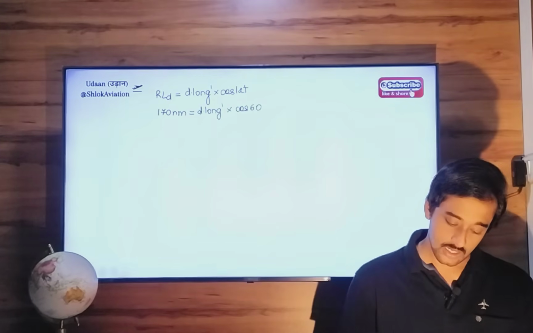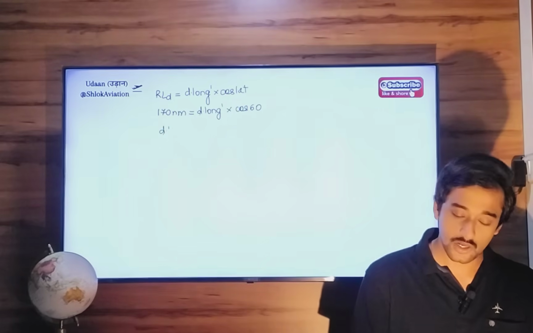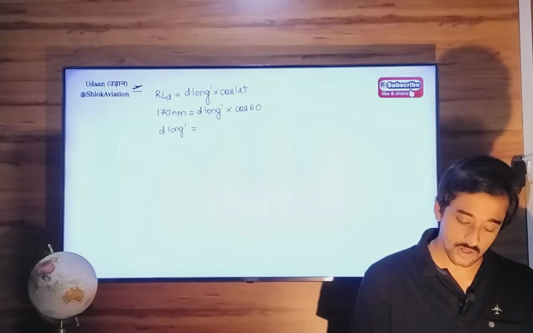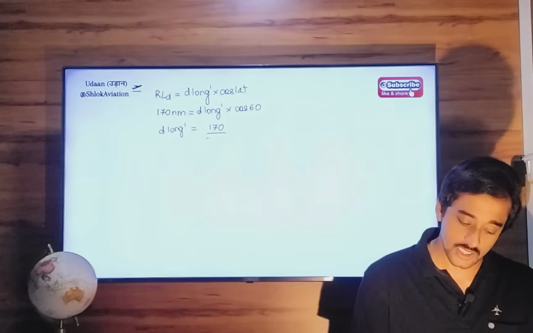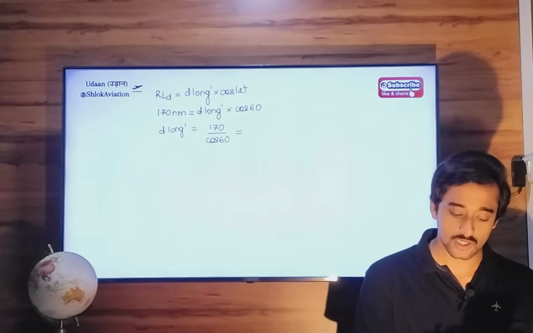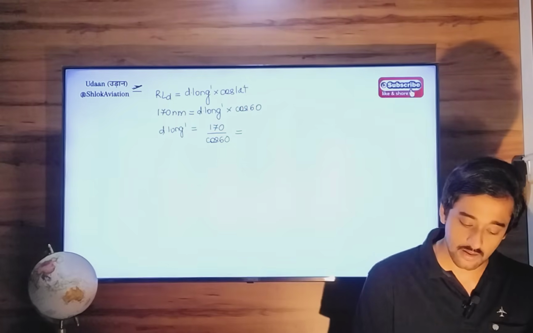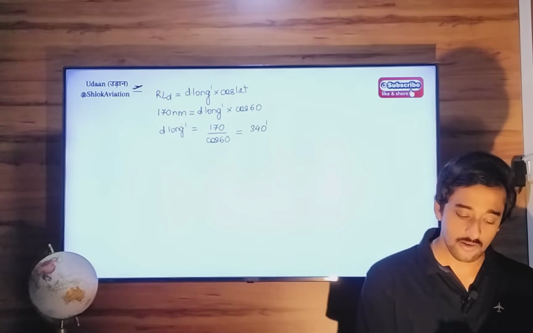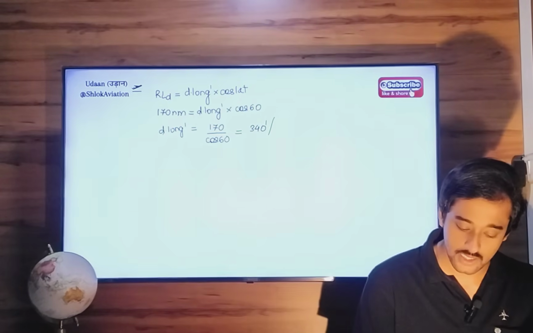Same latitude, so cos 60. So d long in minutes equals 170 divided by cos 60, which is 340 minutes. 340 minutes divided by 60 is 5 degree 40 minutes.